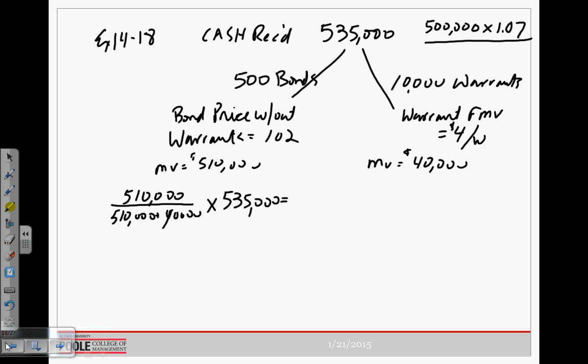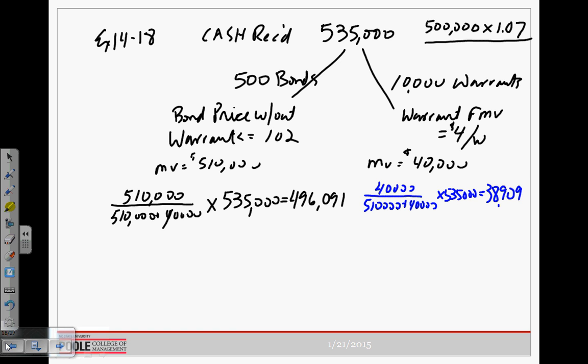That gives me 496,091. I'll do the same thing with the warrants: 40,000 divided by 510 plus 40, multiplied by 535, and that gives me 38,909.